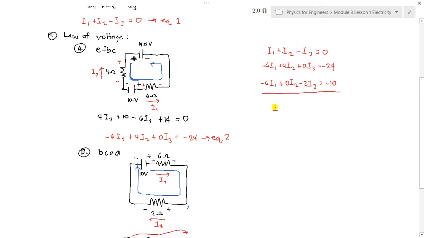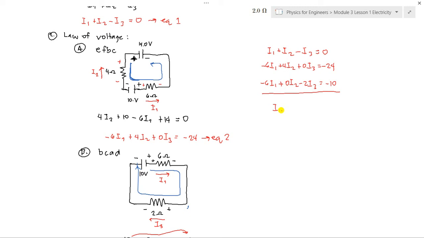Now solving this, you can use either method of mathematics. So we have 1, 1, negative 1, 0. We have negative 6, 4, 0, then negative 24. Then we have negative 6, 0, negative 2, and negative 10.